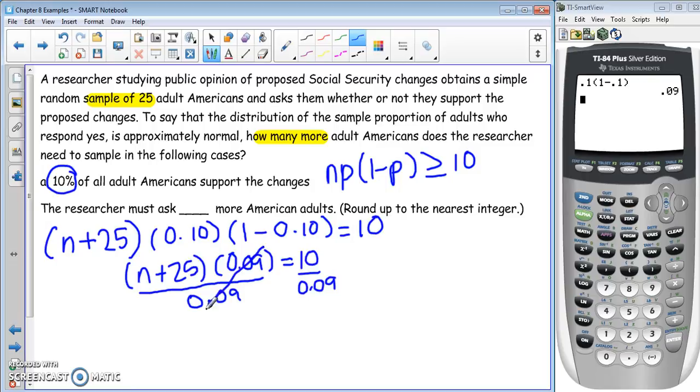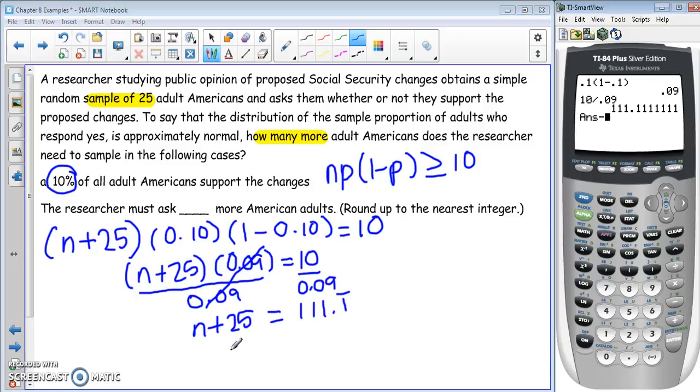Doing that, this will cancel, so I'm left with n plus 25, and if I do 10 divided by 0.09, we get 111.1 repeating, so I'm just going to write that down. That bar over the number just means that it repeats. And then I'm going to subtract, so 25 is added to n, so the reverse operation is subtraction.